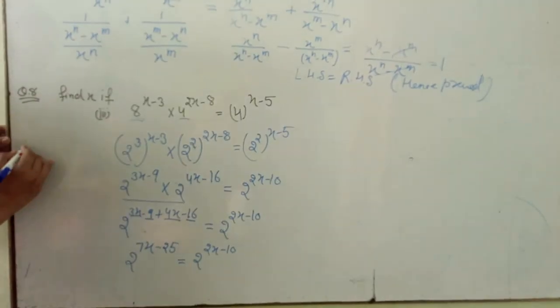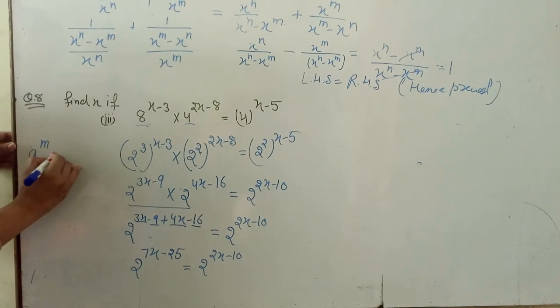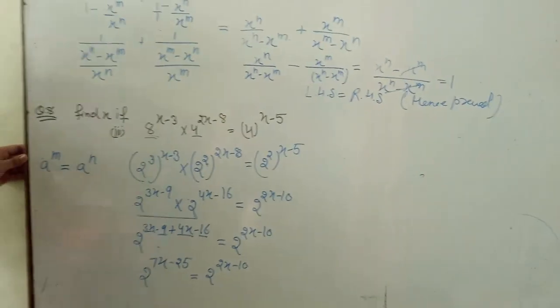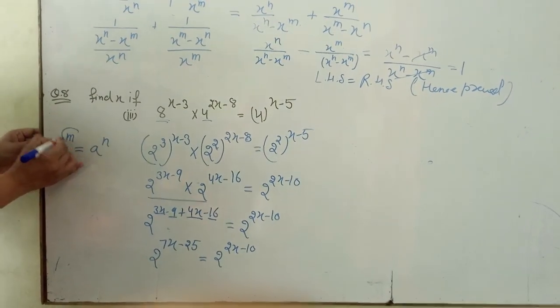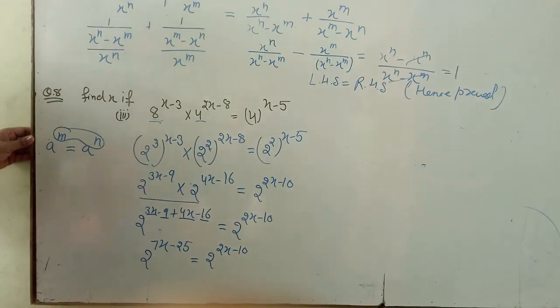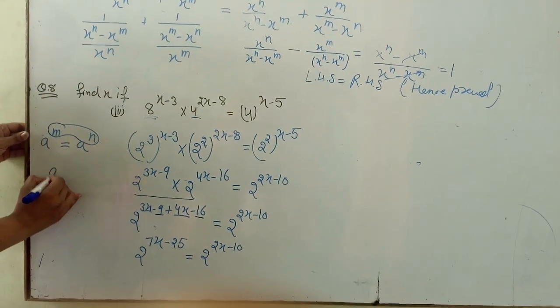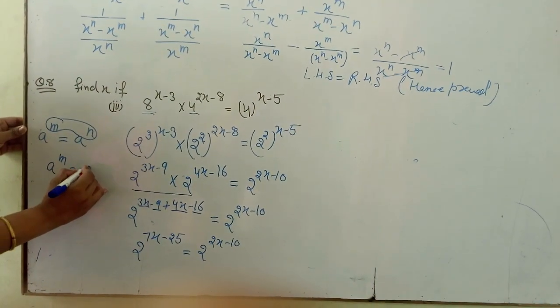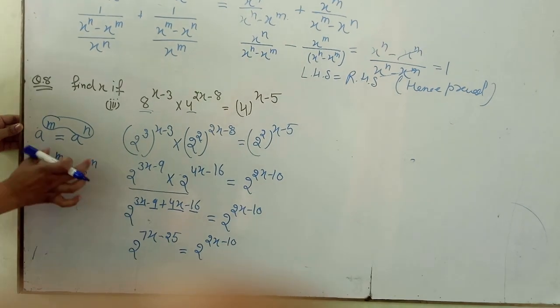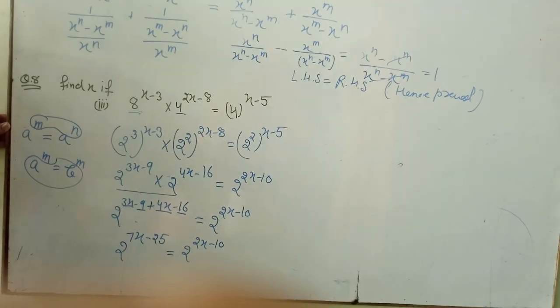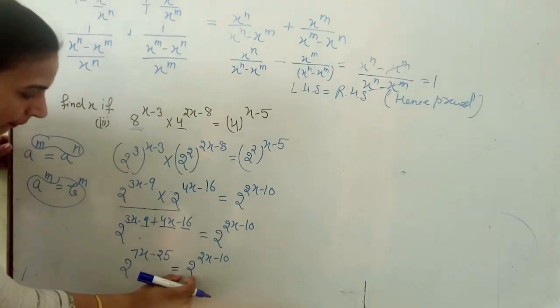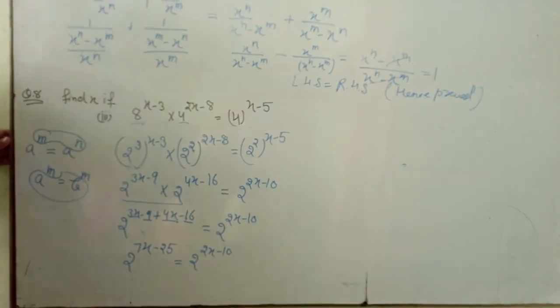Student, if a raised to the power m and a raised to the power n, when base is same and they are equal, then powers should be equal. And if powers are equal, a raised to the power m and b raised to the power m, when powers are equal and they are equal, then bases should be equal. So base same, then powers should be equal.